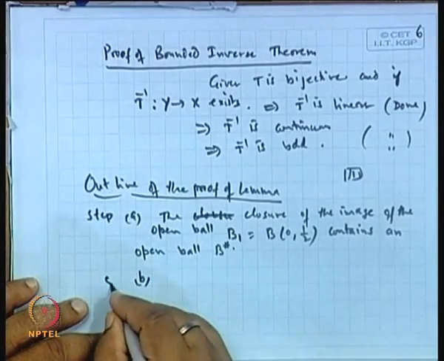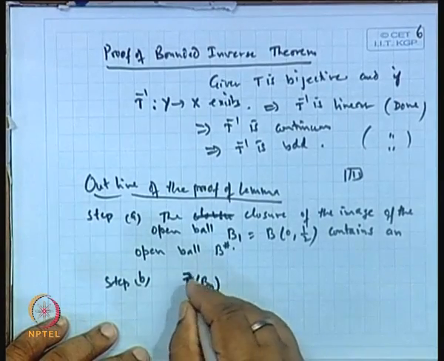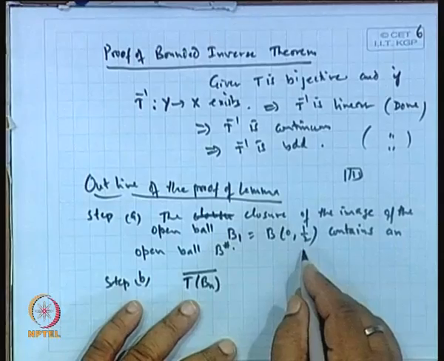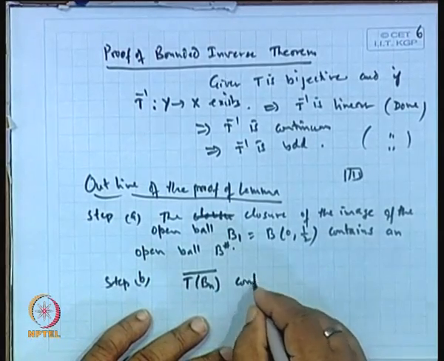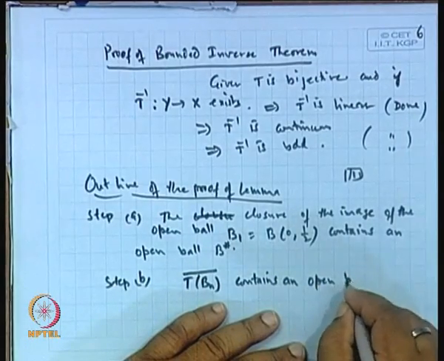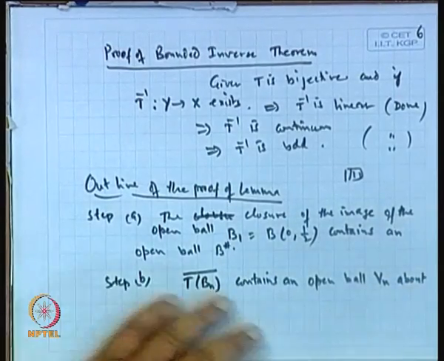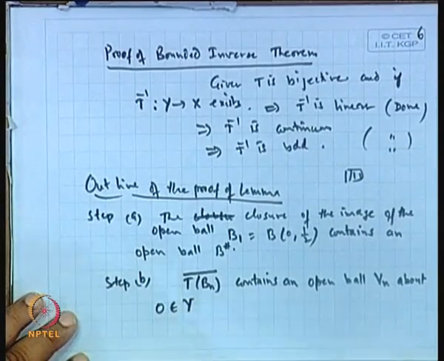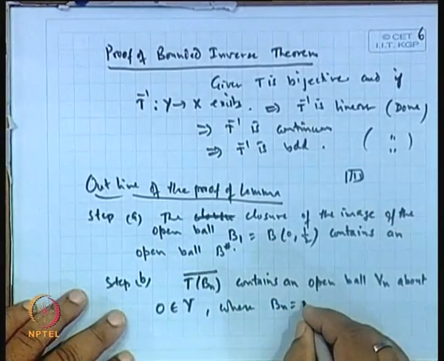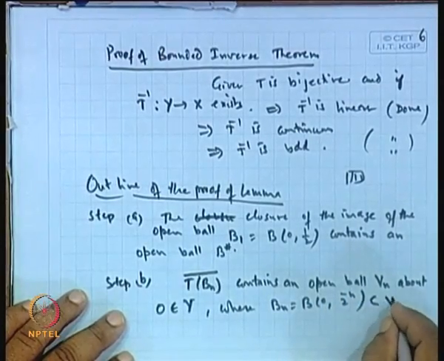Then step 2, or step B, we will say the closure of T Bn, that is the image of the ball Bn with center 0 and radius 1 by 2 to the power n, contains an open ball Vn about the origin belonging to Y, where the Vn's are the balls centered at 0 with radius 2 to the power minus n and lying in X.